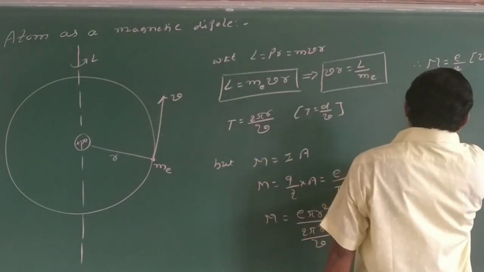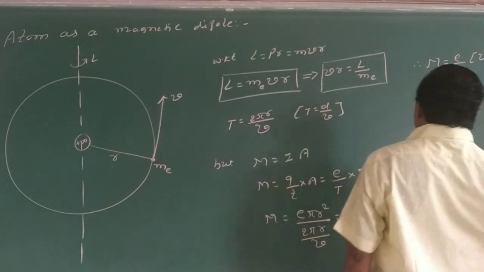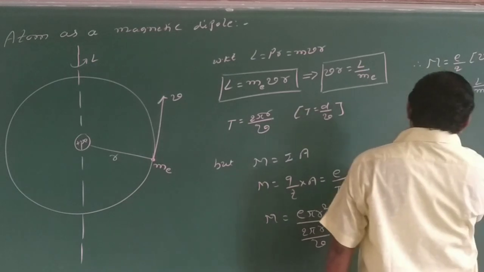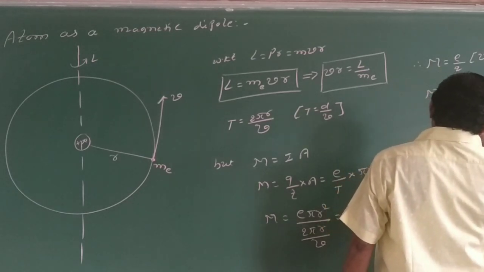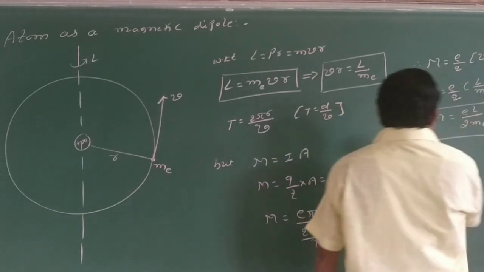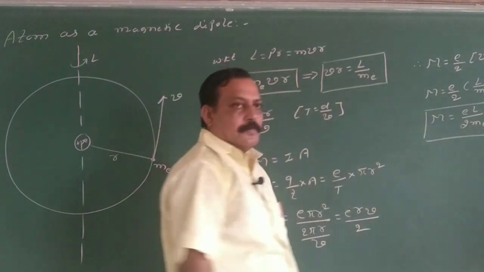So M equals e by 2 into v r equals e L by 2 m e. This is your magnetic dipole moment.